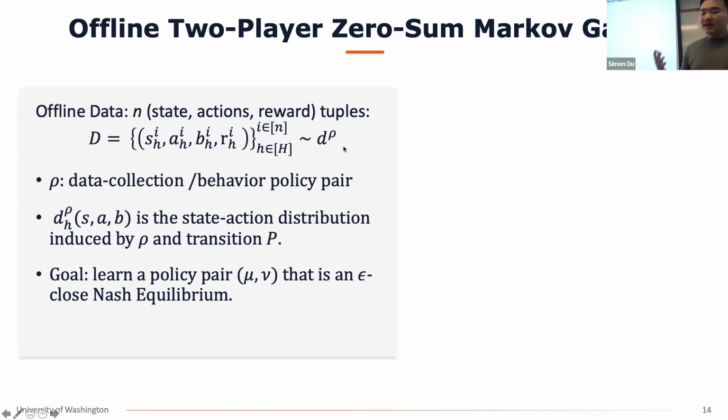This distribution is induced by the data collection policy and the transition probability of this game. The goal is to learn a policy pair mu and nu such that they are epsilon close to a Nash equilibrium.